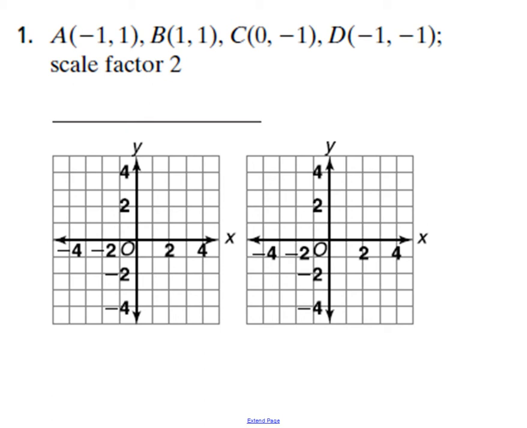The very first thing you have to do on this left side is plot these 4 points. So do that now. Just plot A, B, C, and D on the left side, and then connect them.